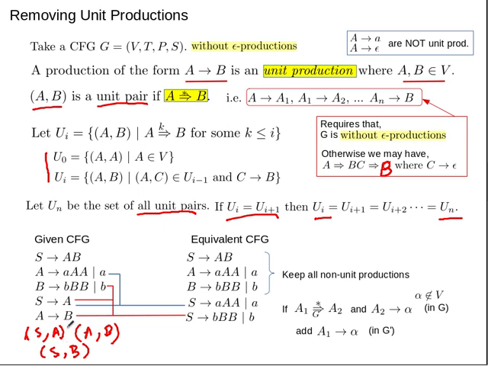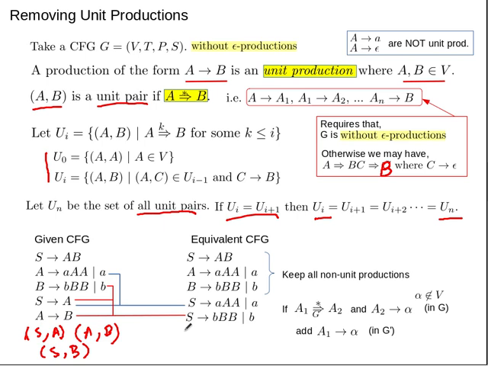So we will also have to, yeah, this is not actually complete. We will also have to add some additional production for A. Why? Because A can go to B, and then B can go to either of these two things, right?